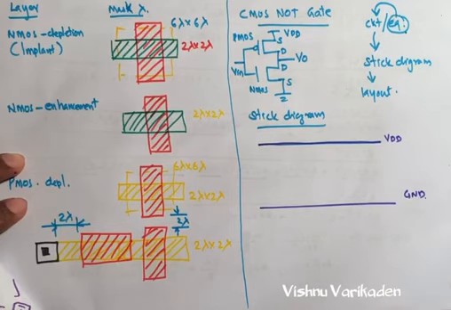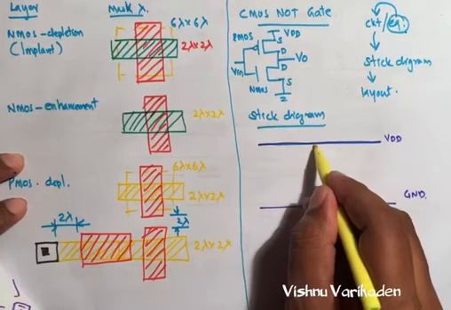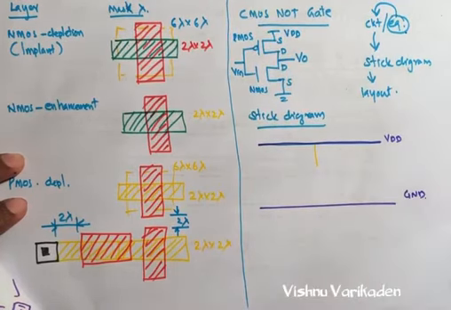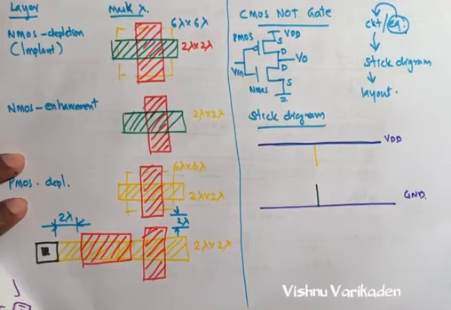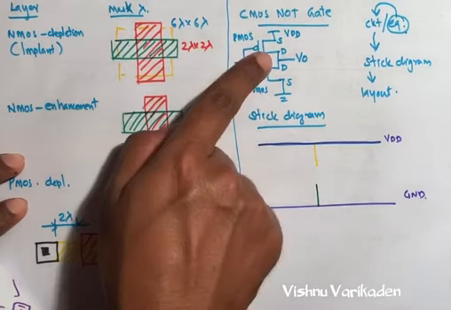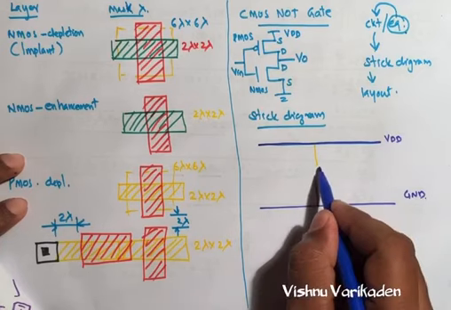So first we can make the PMOS transistor. So PMOS transistor, that is yellow. And next we can make the NMOS. In between there is a metal here. So we can make the metal.